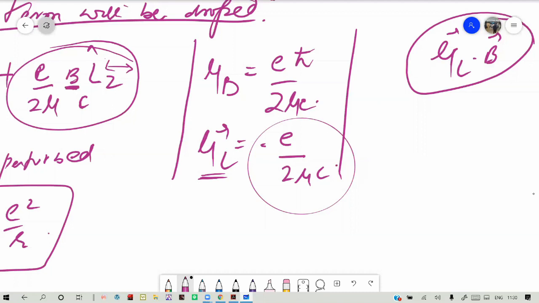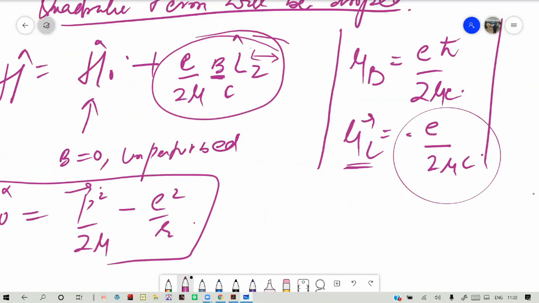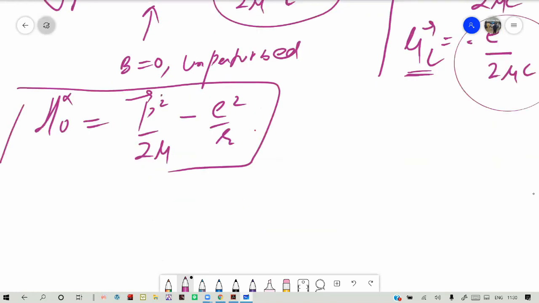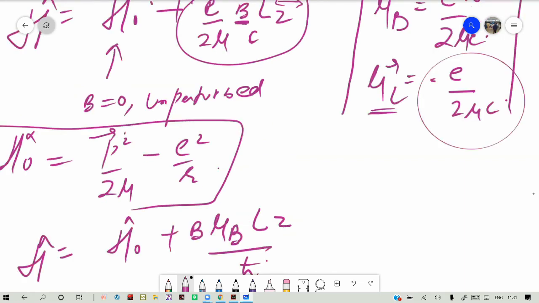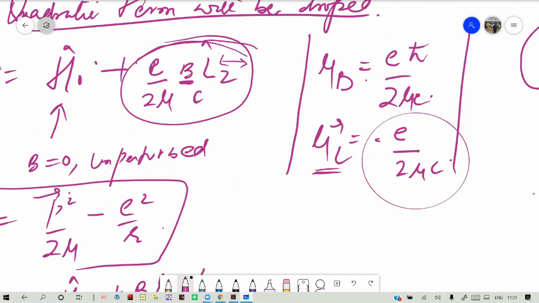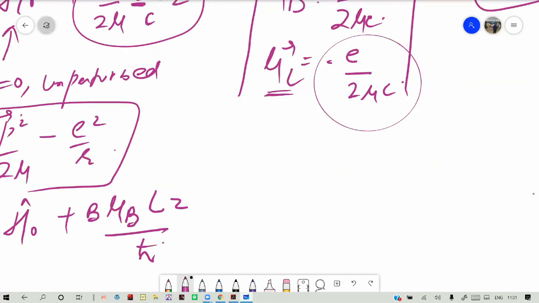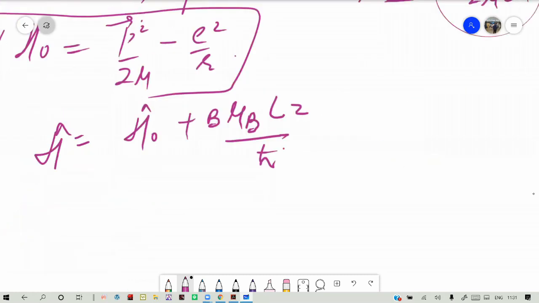Representing this term in terms of mu B, we can write H equal to H naught plus B mu B Lz divided by h cut. So this is minus mu L dot B, because for an electron the orbital magnetic moment is opposite to B. That is why it's minus there.